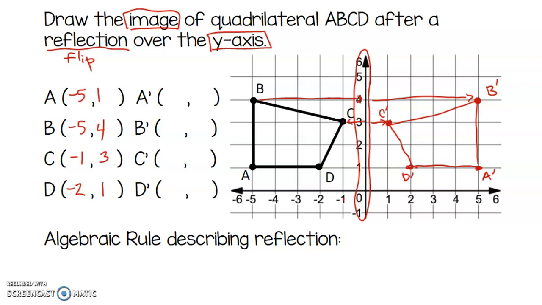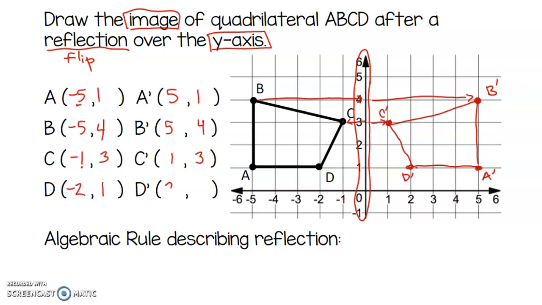Okay, so when I write my coordinates, A is now 5, 1, so x is negative, y stays the same. B, x is negative, so it's now positive 5, and we keep the y, right? C, x is the opposite, and keep the y.